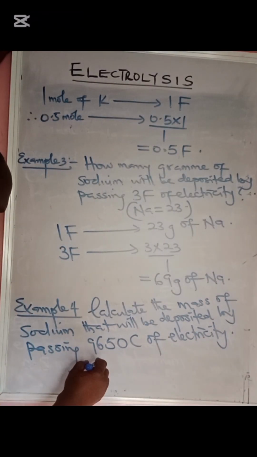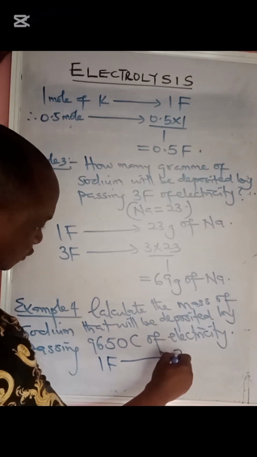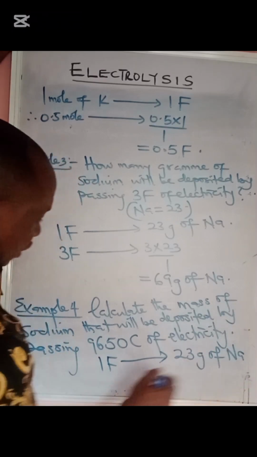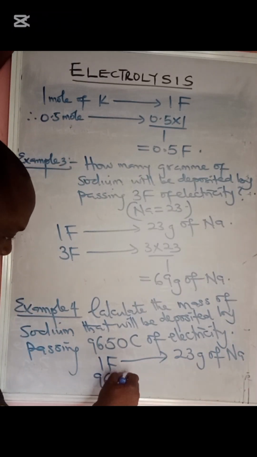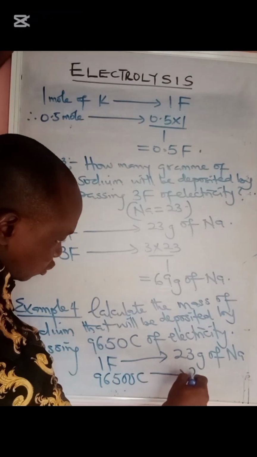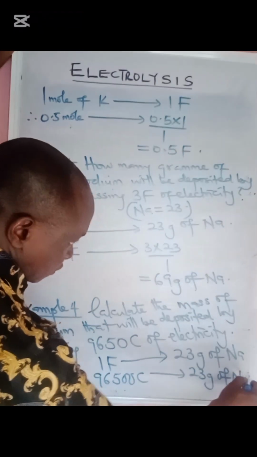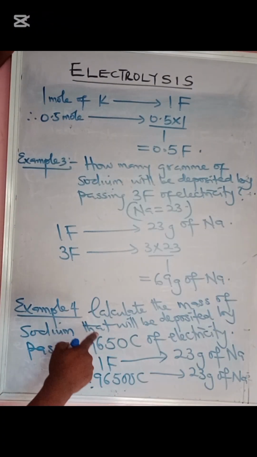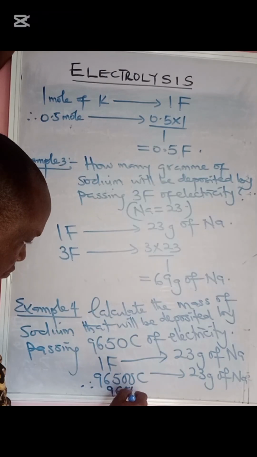You know 1 Faraday is required to deposit 23 grams of sodium, and this 1 Faraday is equivalent to 96,500 coulomb, which will deposit 23 grams of sodium. So we are given 9,650 coulomb.